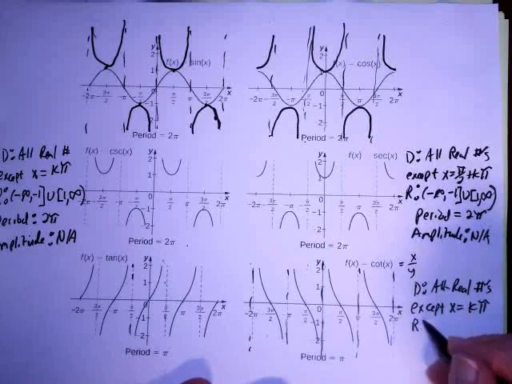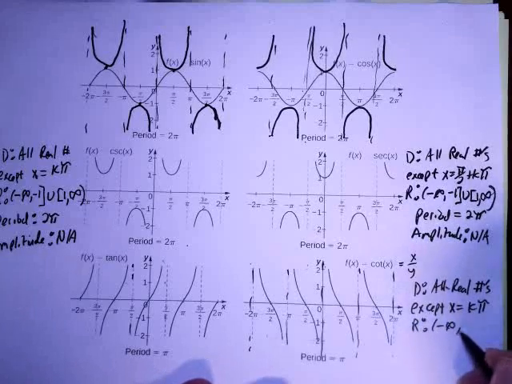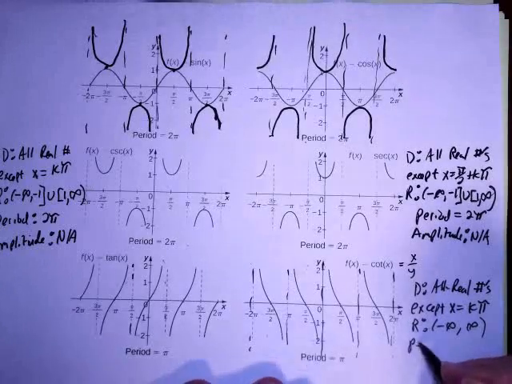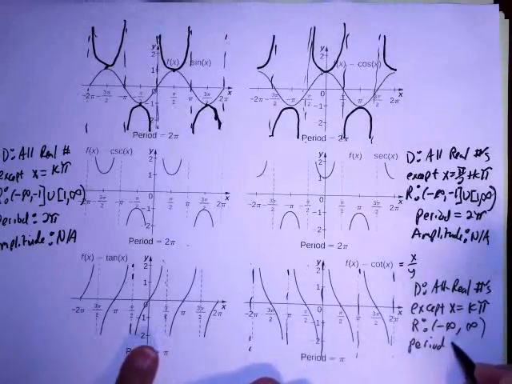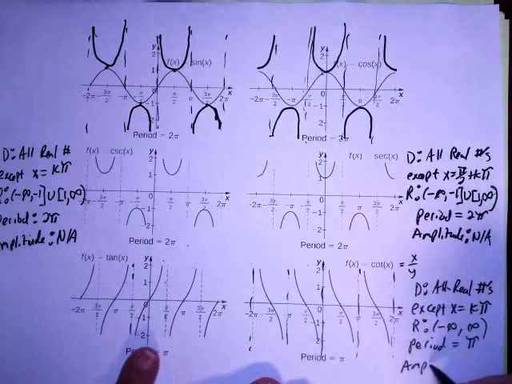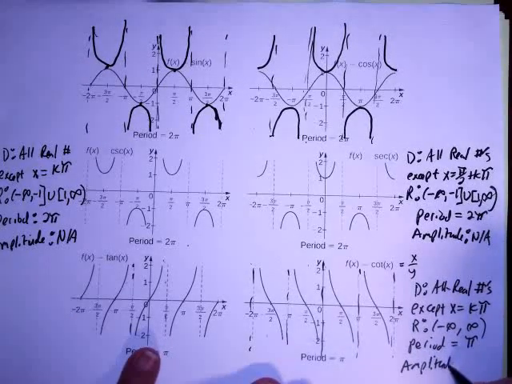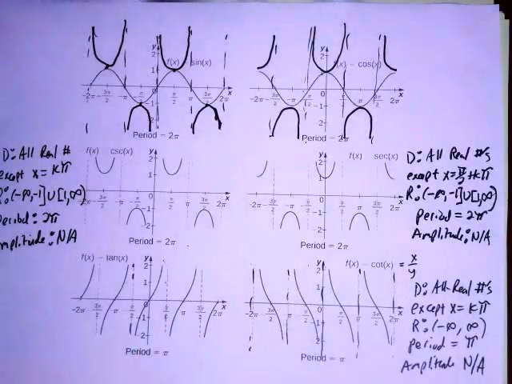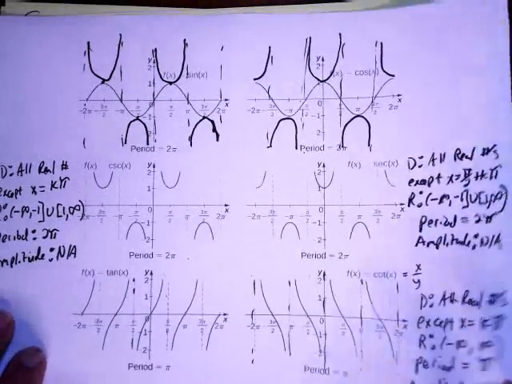The range is going to be negative infinity to infinity. The period is like tangent, and that's equal to pi, and amplitude does not apply. Okay, so there you go. Those are all 6 trig functions. Hopefully that helps you make sense of those.